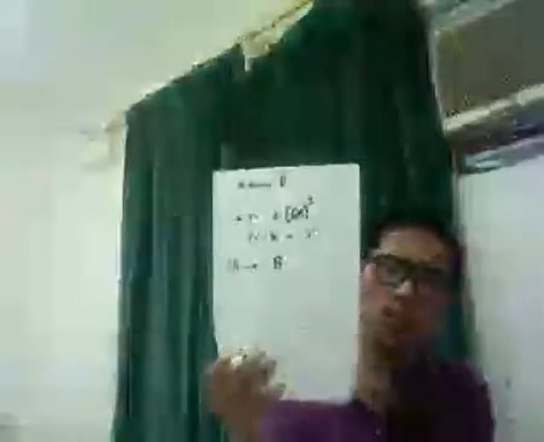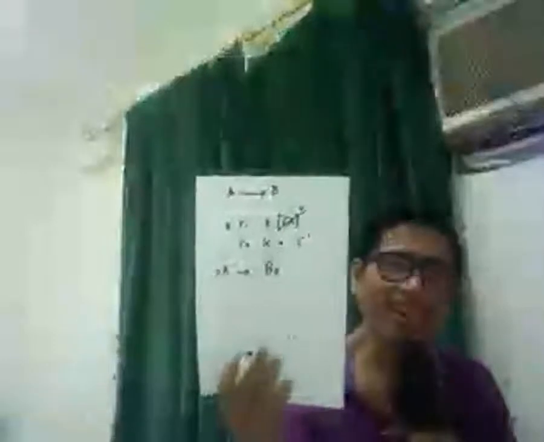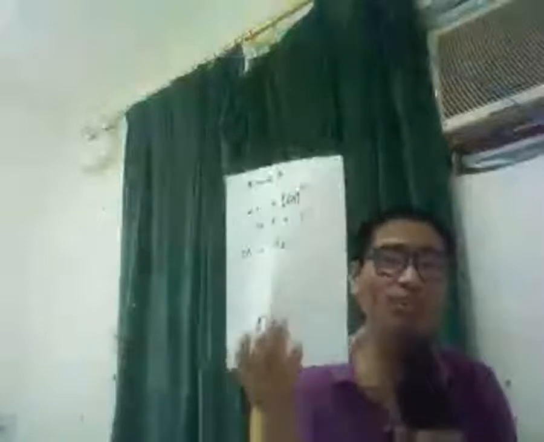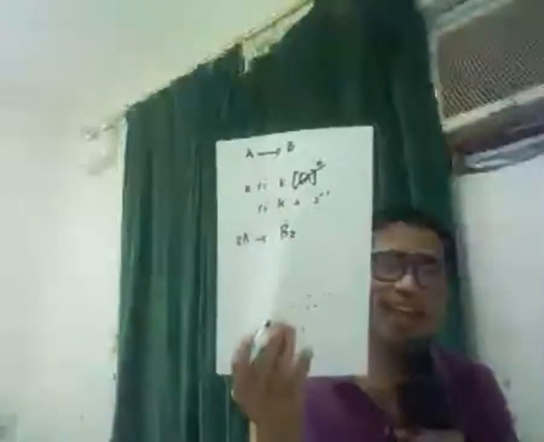So 2 moles of concentration A will produce into B, this one produce into 2. So let's say B2. Okay, B2. 2A is equals to B2. Just to balance the number of moles.